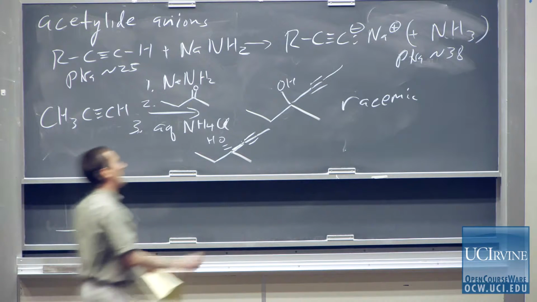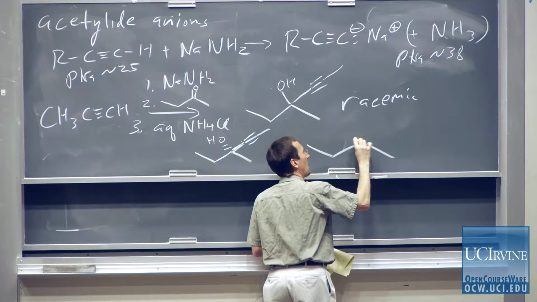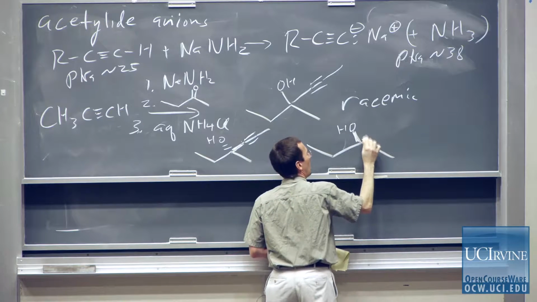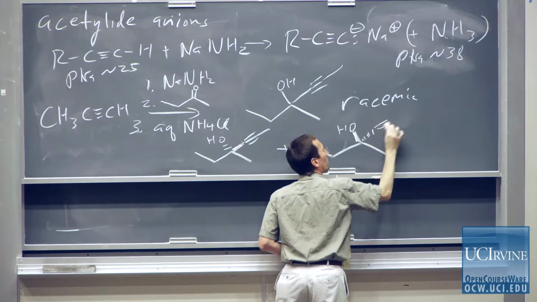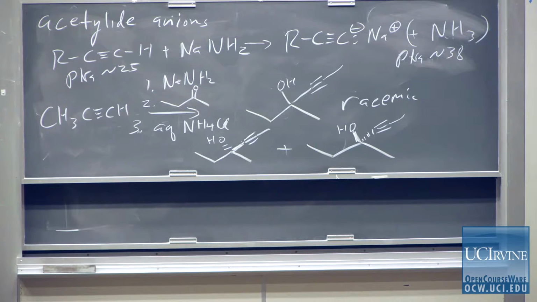We have another enantiomer in which it's added from the back face, and now the OH is pointing out and the alkyne is pointing back. And we will get equal amounts of these, both of the R and of the S.